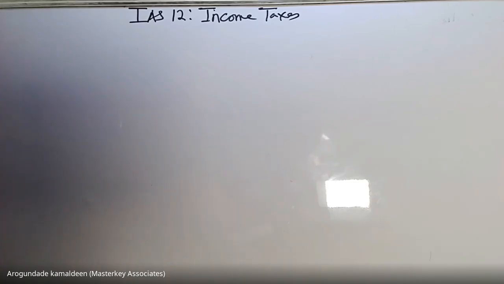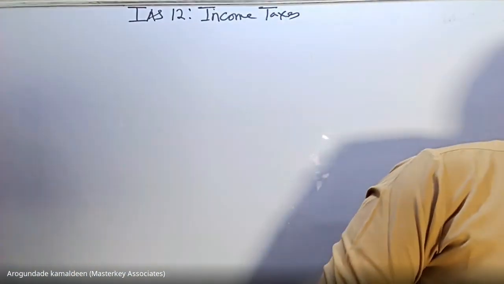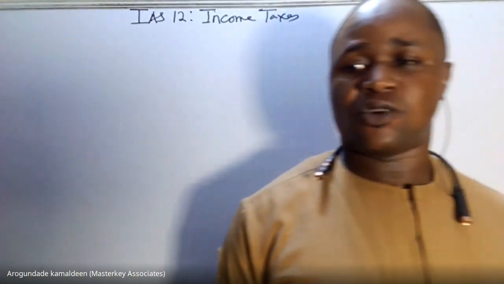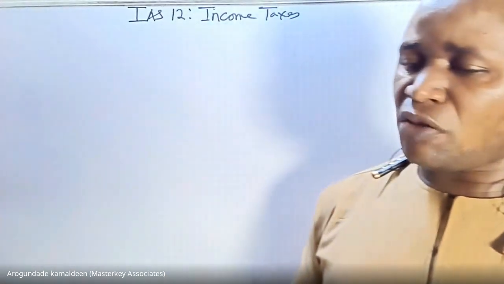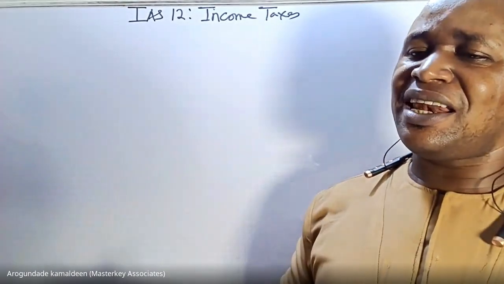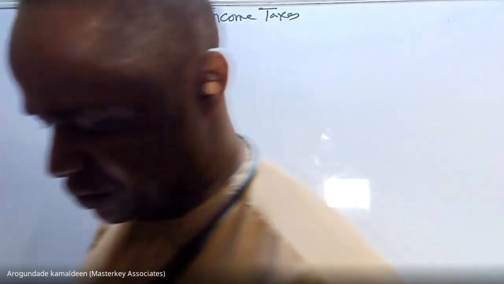So it happens that the shareholders are concerned about the income tax that the companies put in the income statement, because the income tax there constitutes a larger percentage of the profit.